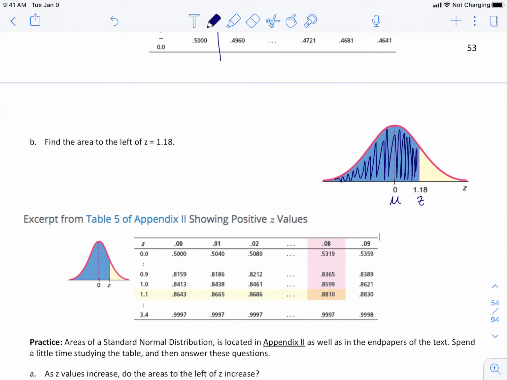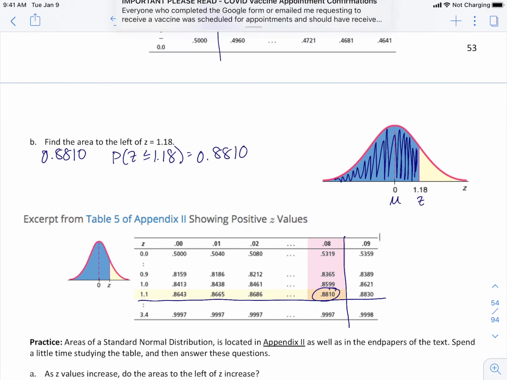Our z is 1.1, then our hundredths place is 8, so we're looking here. Here's the intersection, 0.8810. So our probability that z is less than or equal to 1.18 is equal to 0.8810.